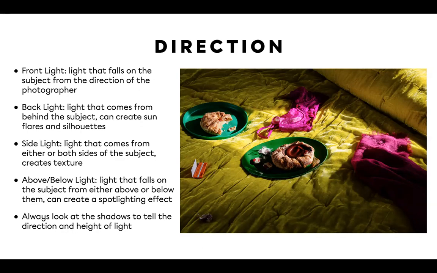Keep in mind that all of this is subject to the way that the light is falling on your subject rather than how it is coming from you, the photographer. So front light is going to fall directly on your subject, and it is coming from the direction of the photographer.